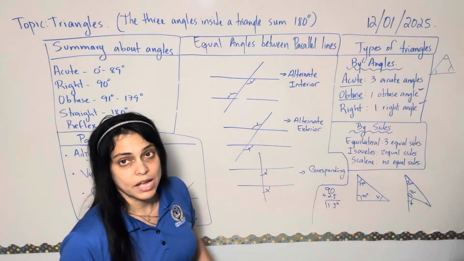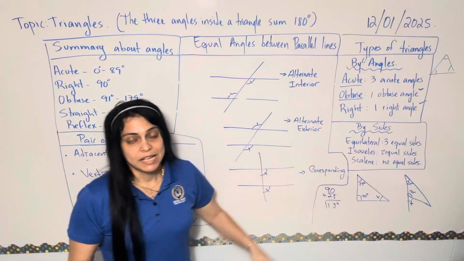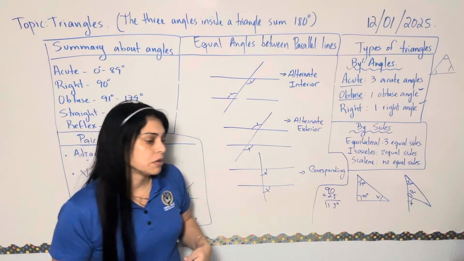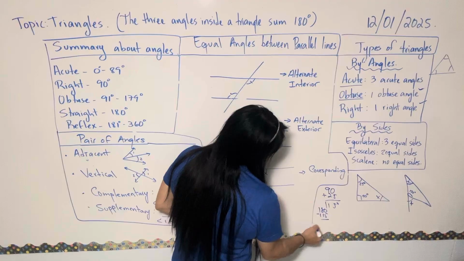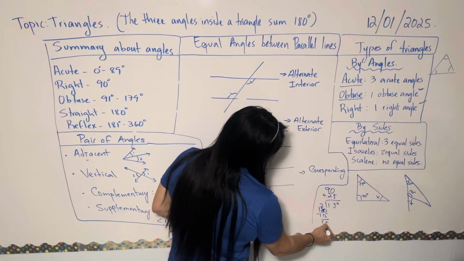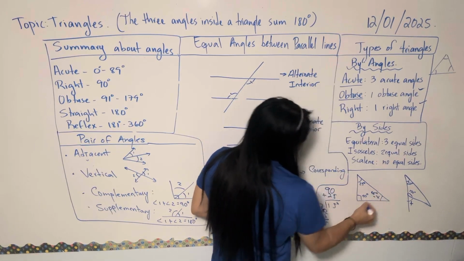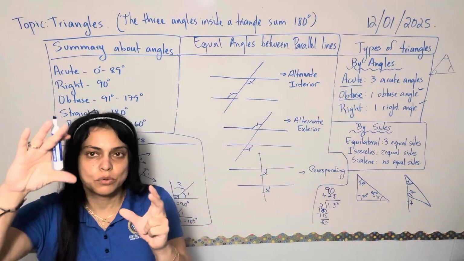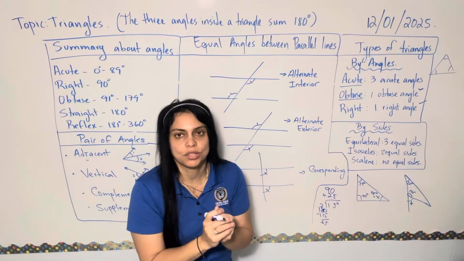I need the 3rd angle, so I already have 115, but I cannot pass 180, so that's why I'm going to subtract 115 from 180. So I need to borrow here, the 8 becomes 7, this is 10, 5, 6, so this angle is gonna be 65 degrees. So it's pretty easy, you just add the 2 angles I'm giving you, and then you subtract from 180, you will get the 3rd angle.